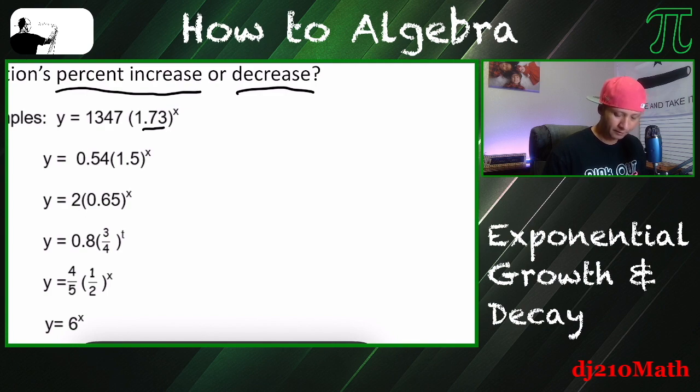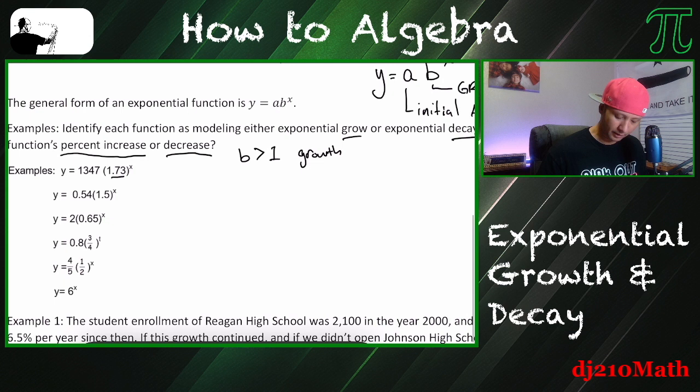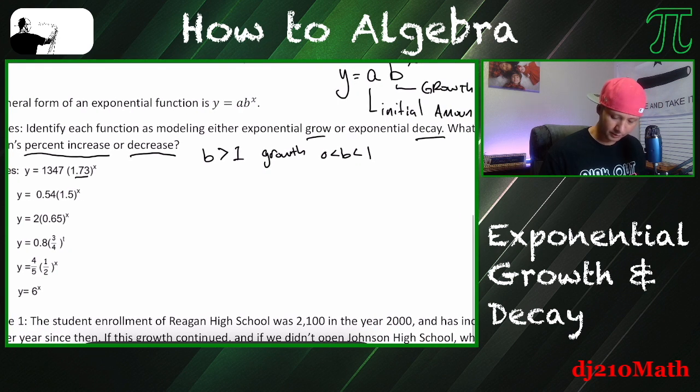So some side notes. If the b value is greater than 1, then this is growth. And if b is in between 0 and 1, so if it's less than 1, then this is known as decay.